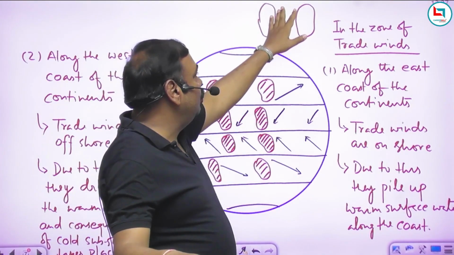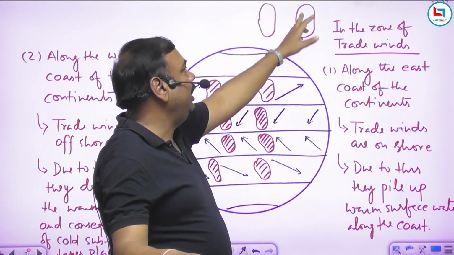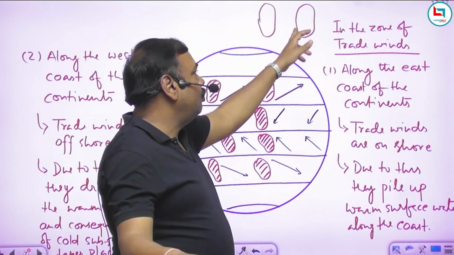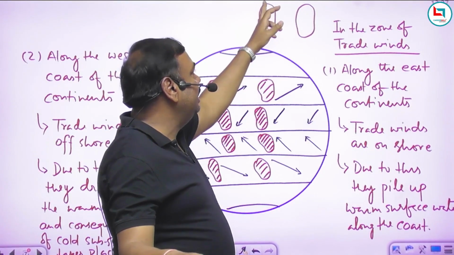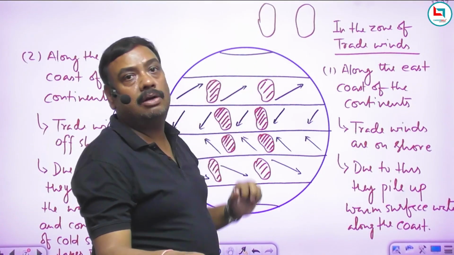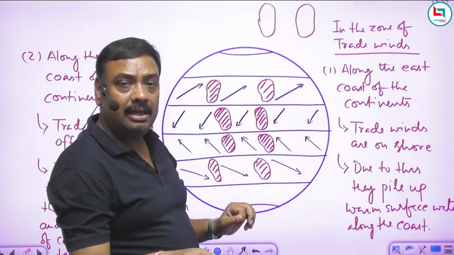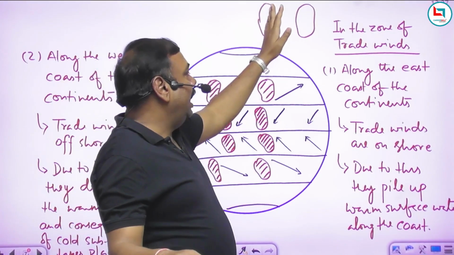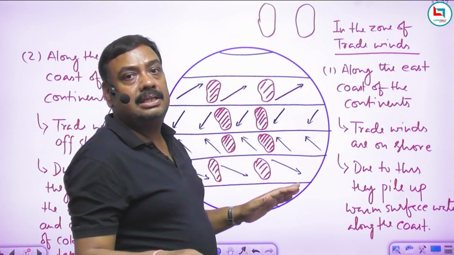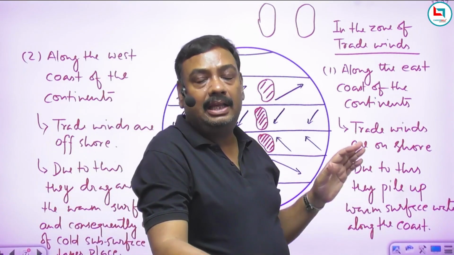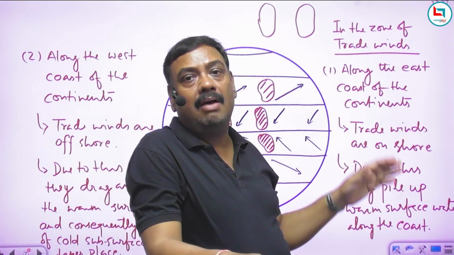So it is the west coast of the European continent, it is the east coast of the North American continent, right? The Atlantic Ocean is surrounded by the east coast of North America and the west coast of Europe.